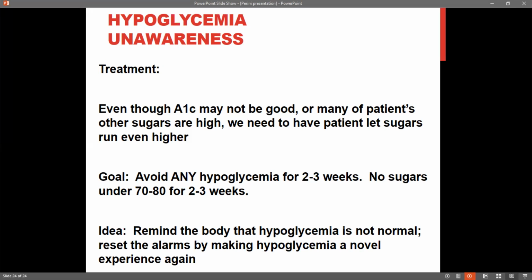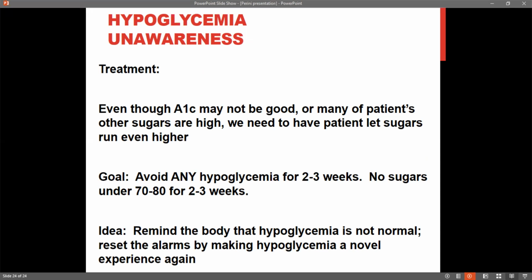If that means decreasing their insulin or telling them, only treat sugars that are over 180 or over 200, and then use half of your sliding scale or whatever you normally do, just to avoid any chance of hypoglycemia for a couple of weeks. This is the only way that we have to try to reintroduce hypoglycemia as a novel situation for any patient.